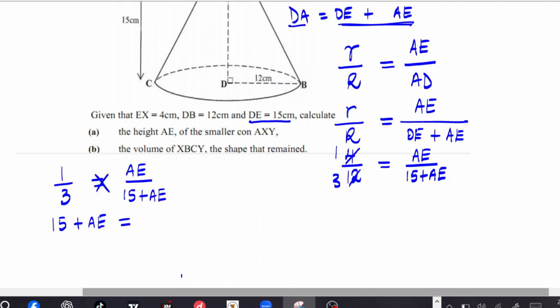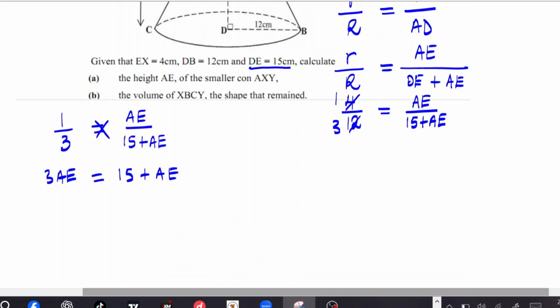In fact, let me start with 3 so that it doesn't give us a complication. So 3 AE, then the equal sign, then 1 times 15 plus AE, which is 15 plus AE.